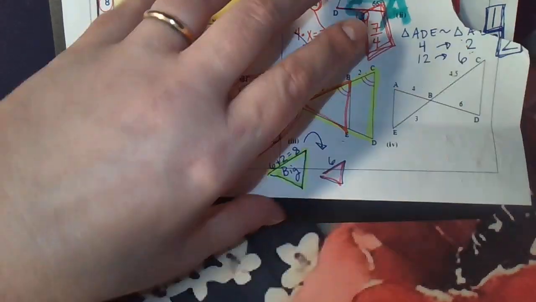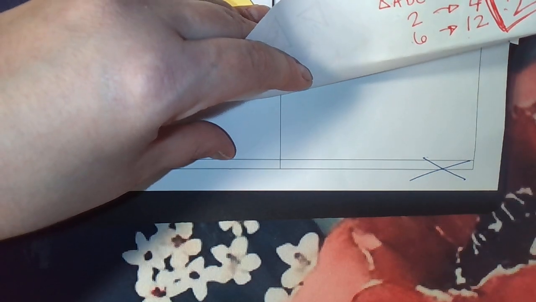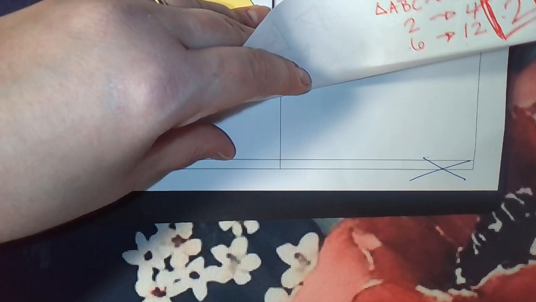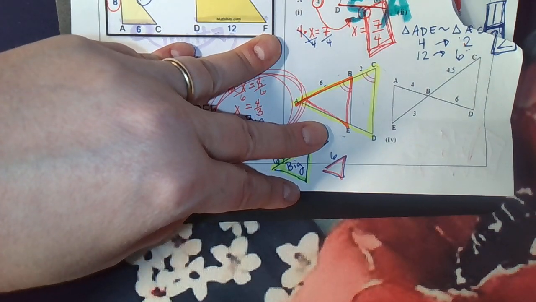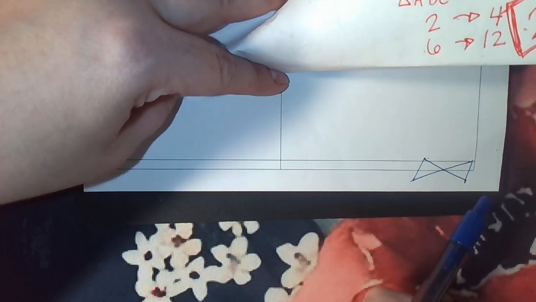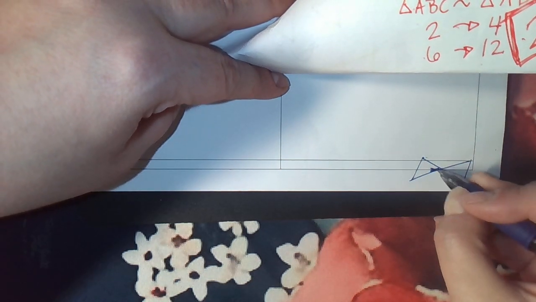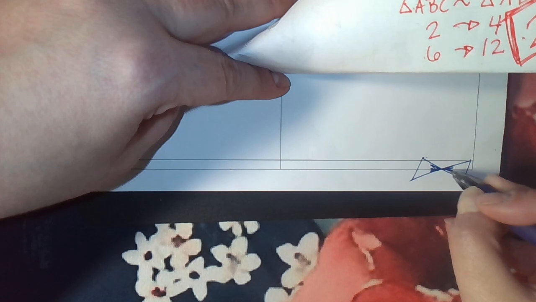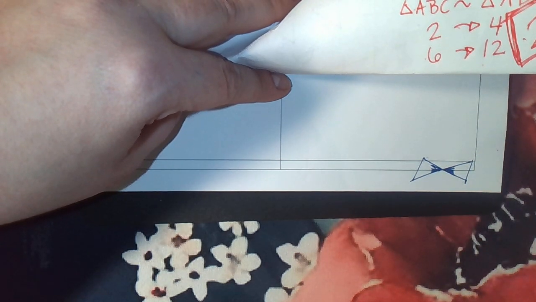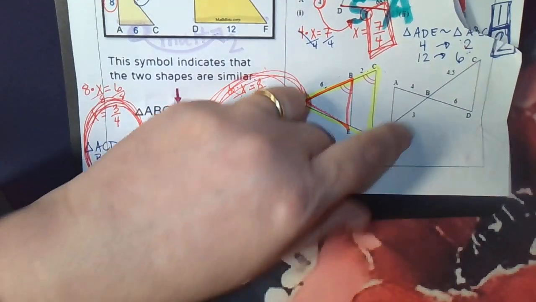We learned, they're called like corresponding angles or something, where if you have two lines crossing, and they make two triangles, these two inner angles are the same. They're equal. So that tells us something.